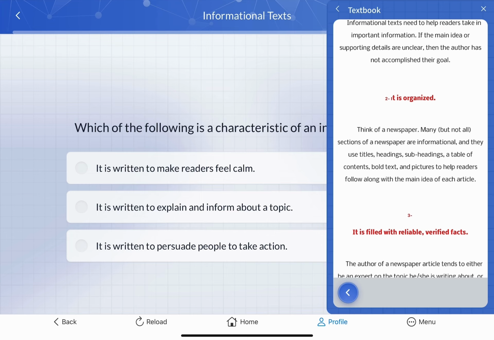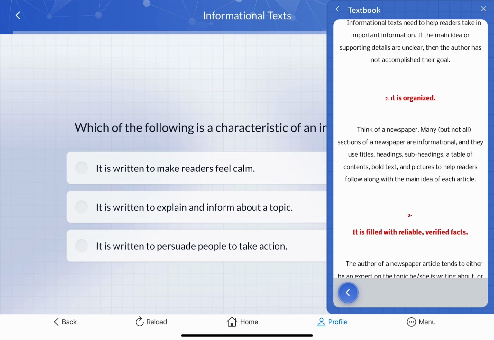Second of all, you have to think of a newspaper, because many, but not all, sections of a newspaper are informational, and they are organized with titles, headings, subheadings, a table of contents, bold text, and pictures to help the reader follow along the main idea of each article.